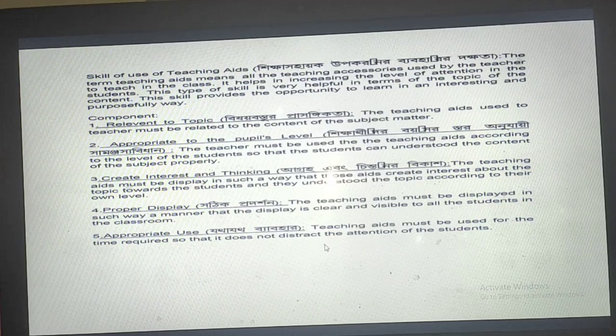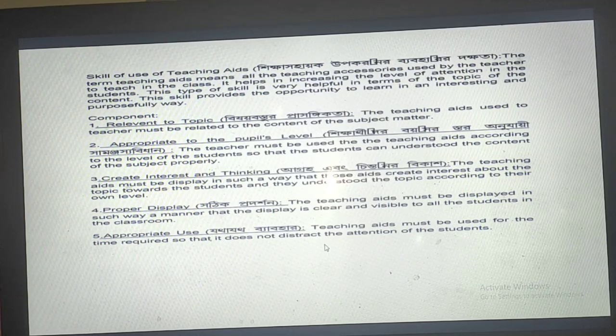Appropriate use. That refers to the time factor. Here the teacher has to think about when she or he uses the teaching aids during the teaching learning process. These are very important components.